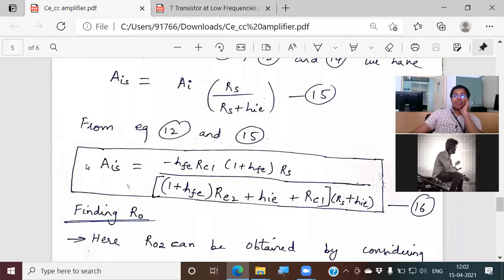Akhil, please check your calculations again quickly.